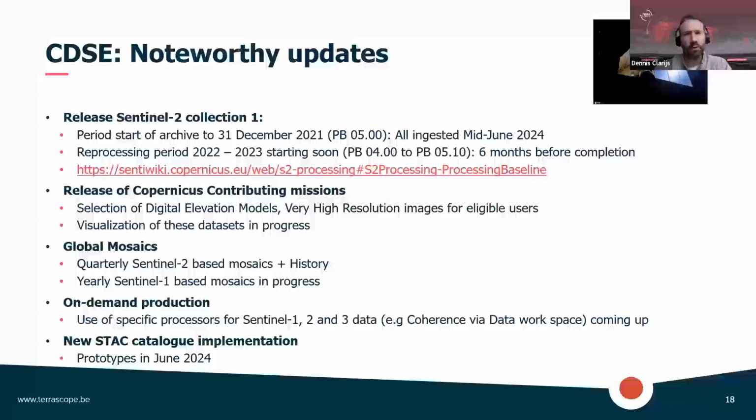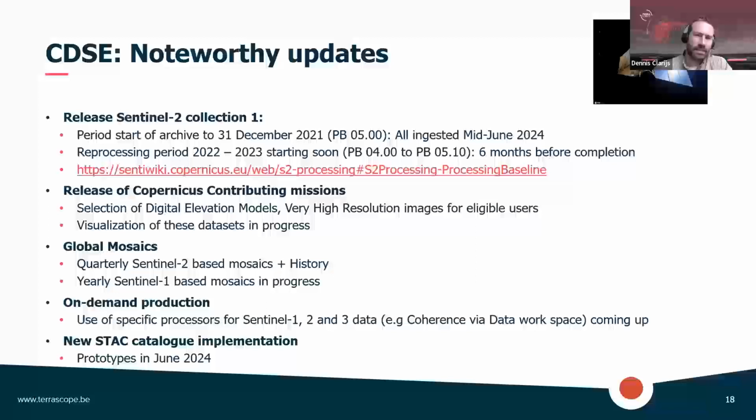That way, the whole Sentinel-2 archive will be at the same quality level, while it wasn't before. The differences between all these processing baselines and what it means to you, I'm not going to explain today, but I put in a link here. It's on the Senti wiki of the Copernicus website, explaining a little bit more on all the processing baselines.